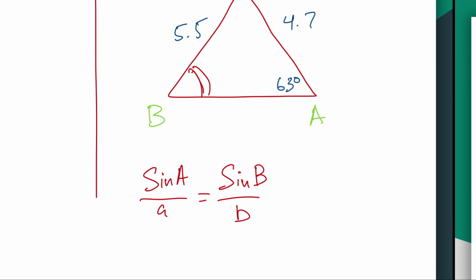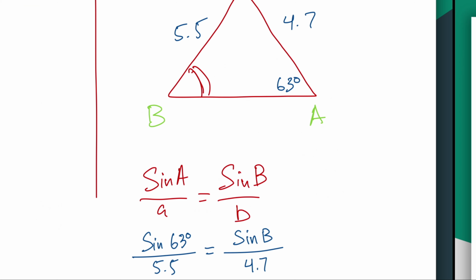So now I'm just going to plug in that info. I have sine of 63 degrees divided by 5.5, and that's going to be equal to sine of b, which we do not know, divided by 4.7.